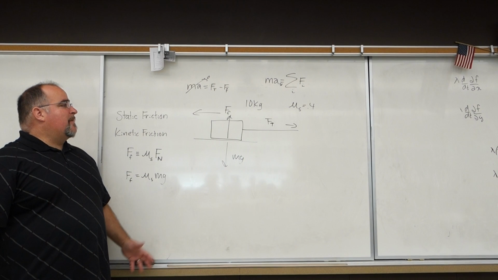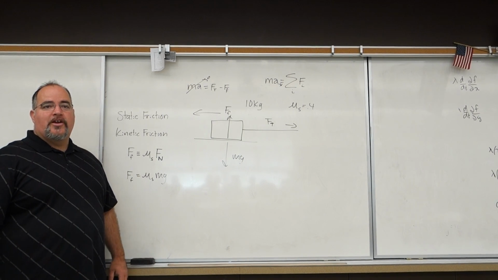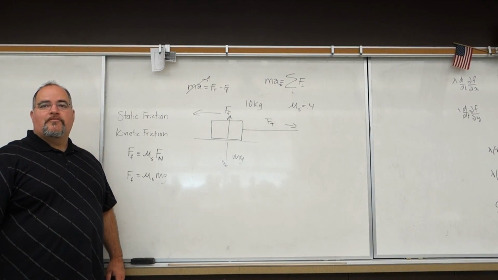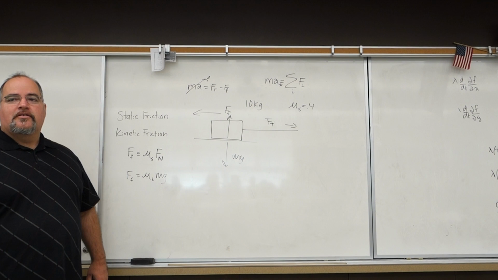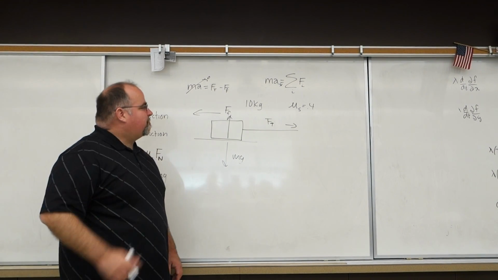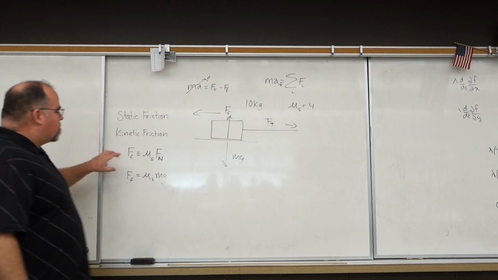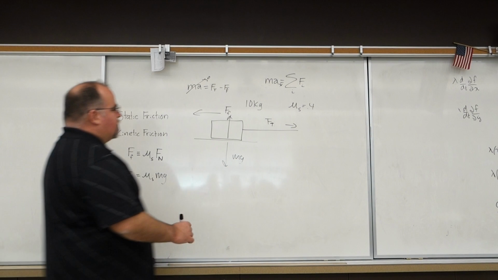And you might even be able to do it in your head. How hard do you have to pull that to break it loose? 40, yeah. 40 newtons, yeah. That was pretty easy. Wait, is that 0.4 or 4? 0.4. Yeah, because what you would do is do the sum of the forces.